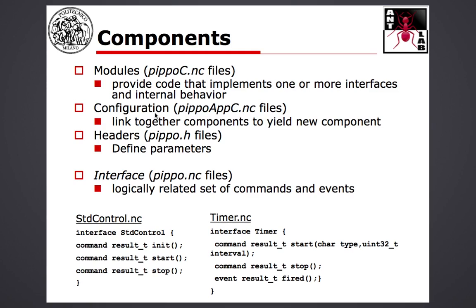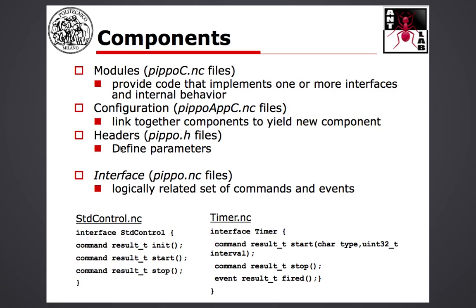Again, if it sounds a little bit obscure, it will be clearer in a while when we look at the source code. We may then have headers, which are files which contain, for example, the values of constant variables or the structure of the messages or packets that we want to transmit on the wireless channel.